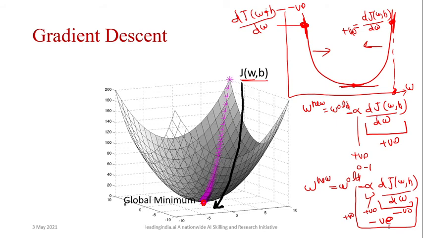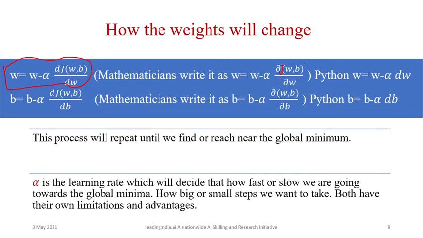In that case, you will not get any change in the w value, and that becomes your saturation point, or you can say convergence point. So this is the magic behind gradient descent, or behind the training. Got it?